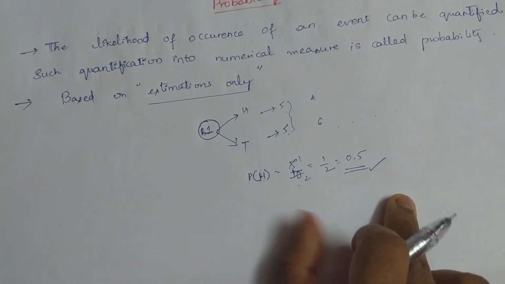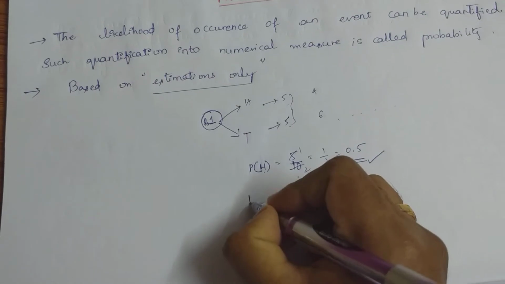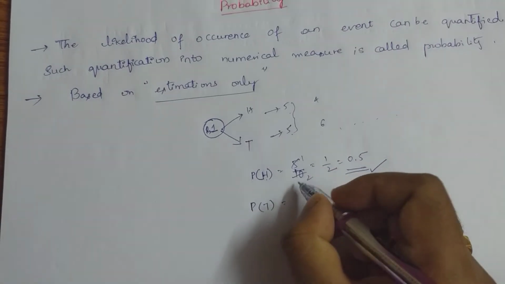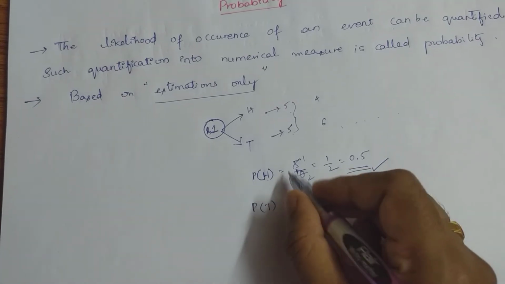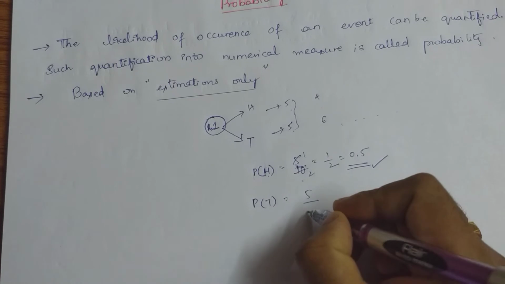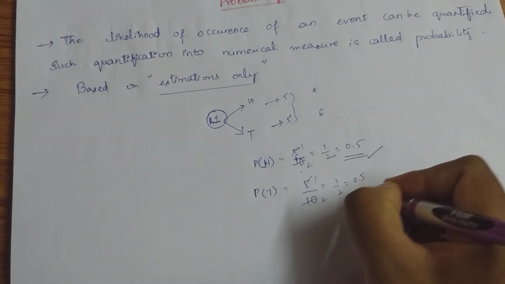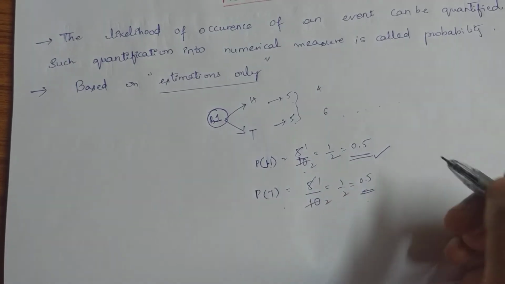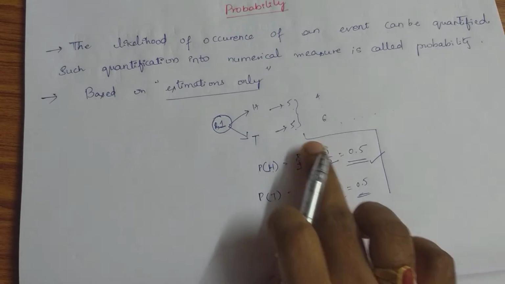In the same way, what is the probability of getting tail? The number of times you got tail is 5, by the total number of outcomes, the total number of times you tossed the coin, 10 times. So it will again be 1 by 2, which is 0.5. So 0.5 is the probability of getting tail in this case. This is the probability in example 1.